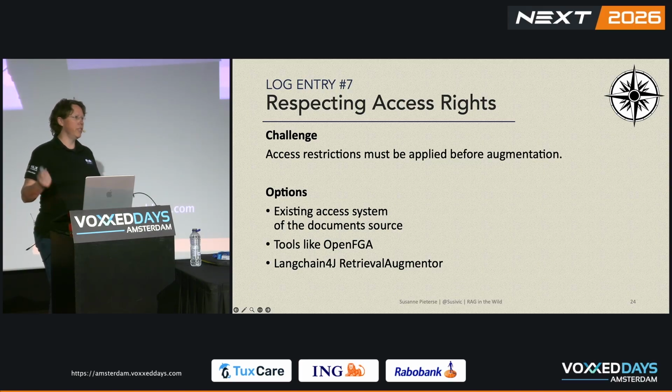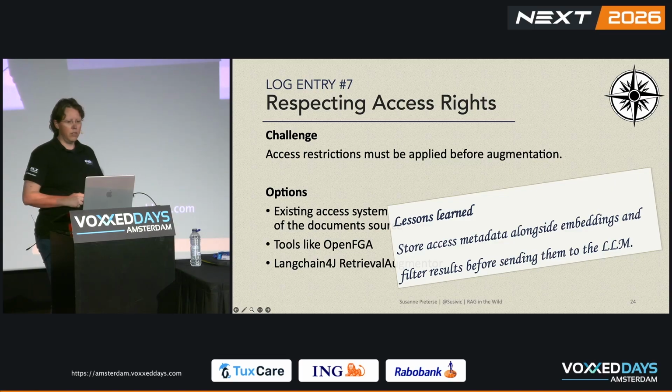So when we retrieve the information, we could use the retrieval augmenter of LangChain4j to check if each retrieved part was from a document that the user can access or not. If he's not allowed to access it, we will remove it from the piece of retrieved information, so it will never go out to the LLM. So that's very important. You have to filter it.